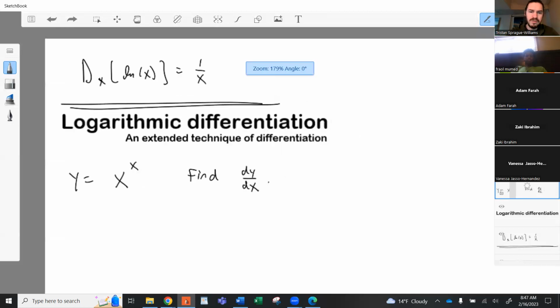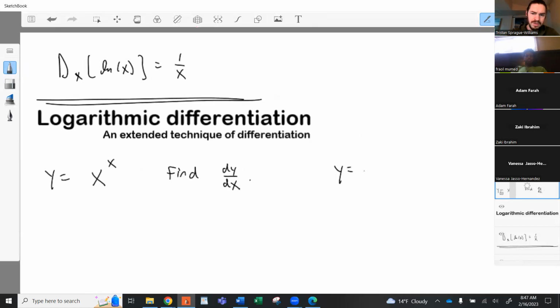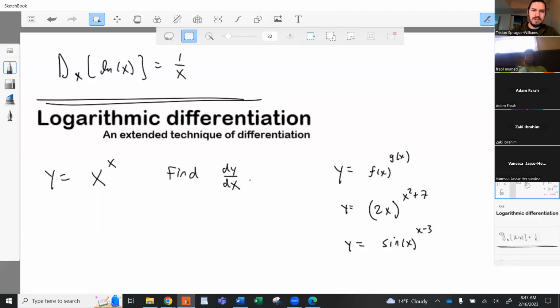There's a whole classification of functions of this type: anything where you have some function of x raised to the power of another function of x. So things like 2x to the power x squared plus 7, or sine of x to the power x minus 3, or whatever. Anything where the base and the power are both functions of x. For all of these types of functions, you can use this extended technique.